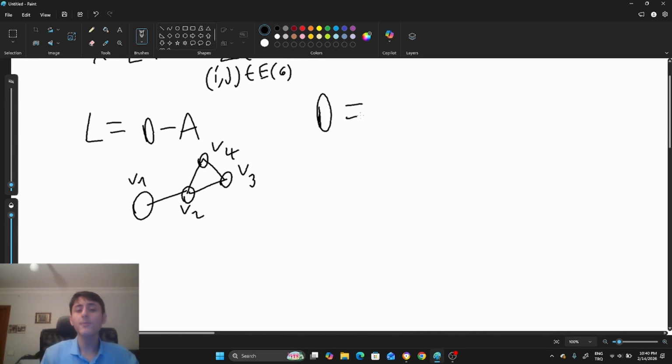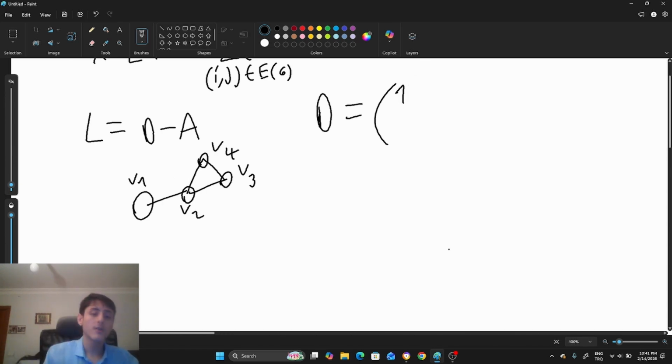So the degree matrix is basically a matrix where we can see the degree of every vertex. In this case, vertex 1 has just a single edge, which means the degree of vertex 1 is 1, so we put 1.